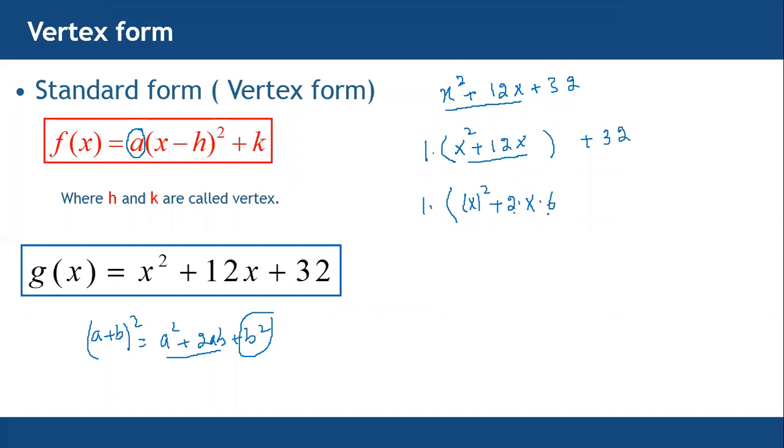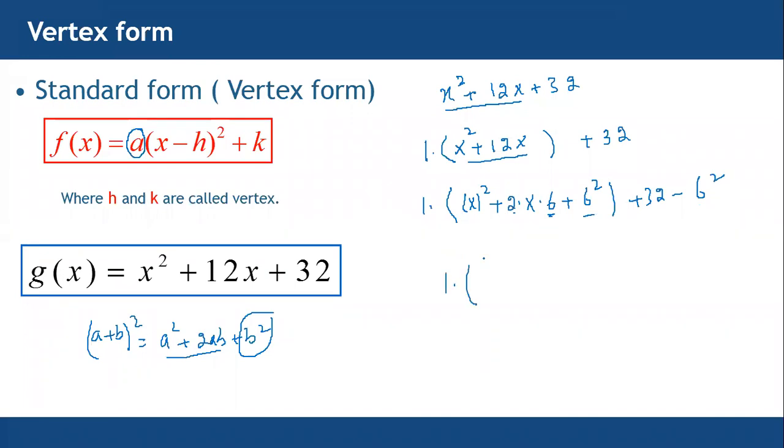So now we know that b is 6. To complete this formula, we need to write 6 square. And as we add 6 square here, we will add outside minus 6 square. Clear? When we add something, we also subtract something. So we add 6 square and also minus 6 square outside. Now the formula is complete.